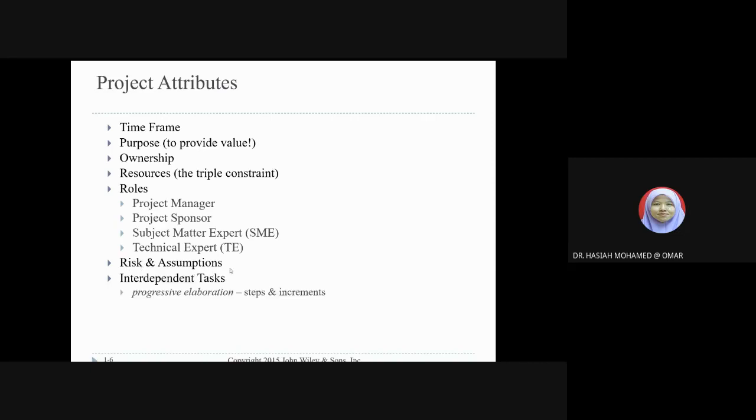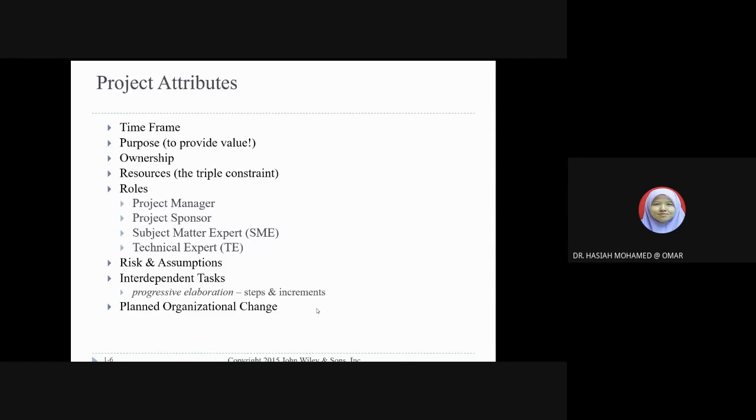Interdependent task. We look at the progressive elaboration, the step and increment. From the task, from the duration, we segregate the tasks so that for the first month we do this, for the next month we do that, until the end. Say the first month we study the requirement.